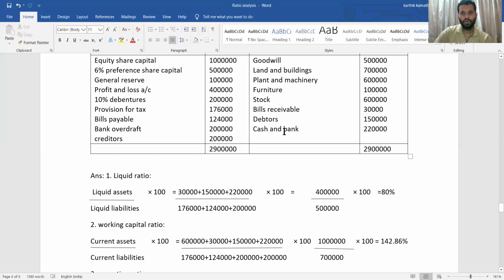So stock 6 lakh plus bills receivable 30,000, debtors 1 lakh 50,000, cash and bank 2 lakh 20,000, divided by current liability. If you see the liability side, provision for tax 1,76,000, bills payable 1,24,000, bank overdraft 2 lakh, and creditors again 2 lakh. So 10 lakh divided by 7 lakh into 100, 142.86% is your working capital ratio.